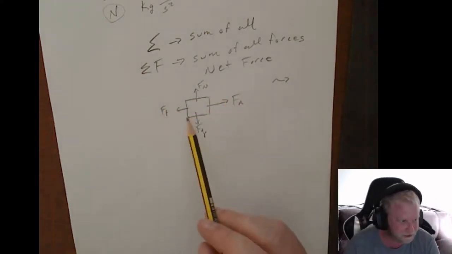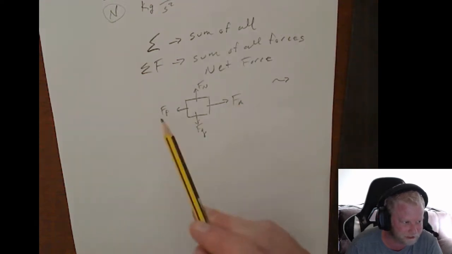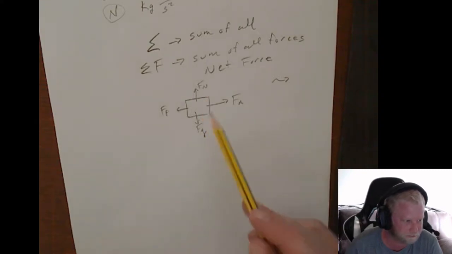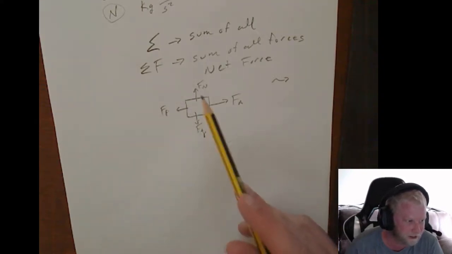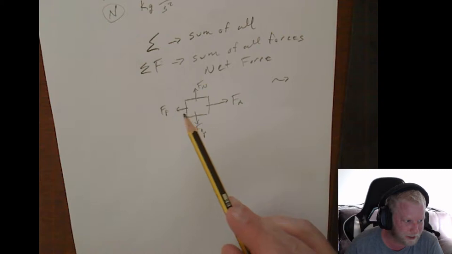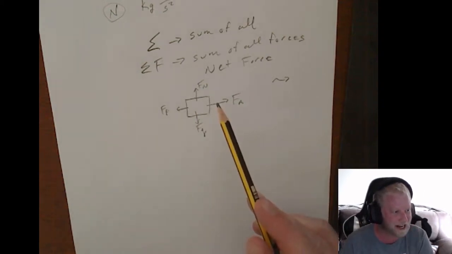Notice I drew this frictional force vector much smaller than the applied force vector. So the applied force is greater than the frictional force. Whereas these two, I tried to draw roughly identical. Your normal force and your gravitational force are equal. So in the vertical, this object is in equilibrium. But in the horizontal, you have an imbalance of the forces, so you have a net force.